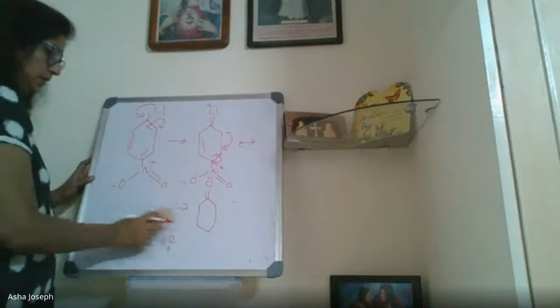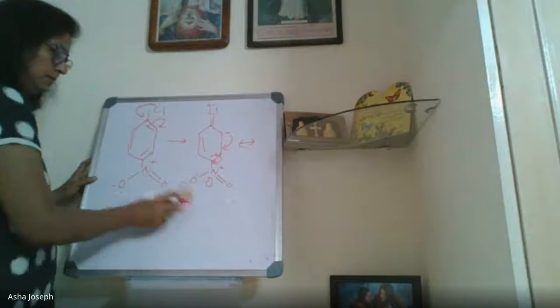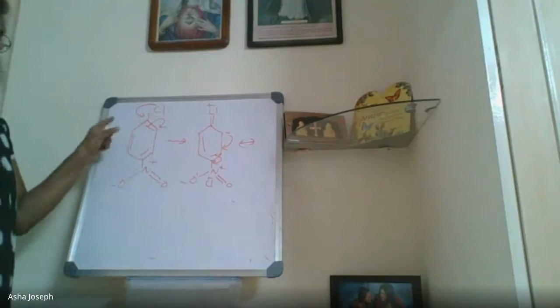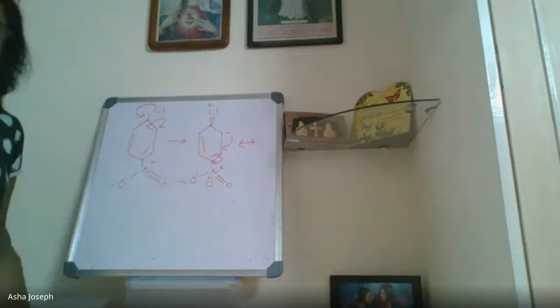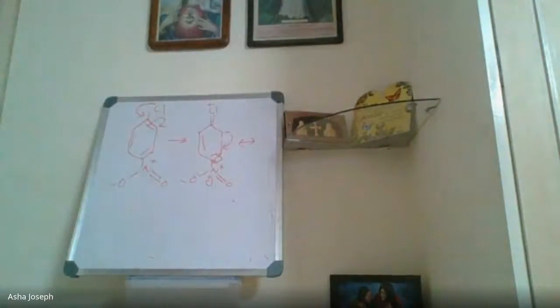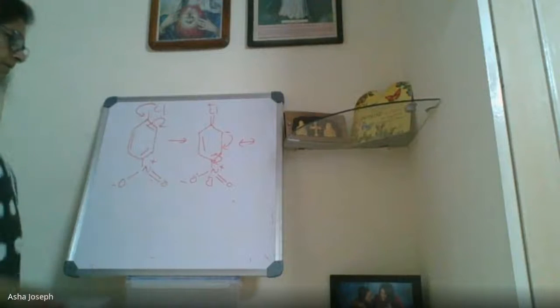That part is not clear, ma'am. That NO2, what is happening? Okay, I will draw on top. First you draw these 2. Then I will rub it off and write. This you draw, children. Any doubt you can ask. Draw this.